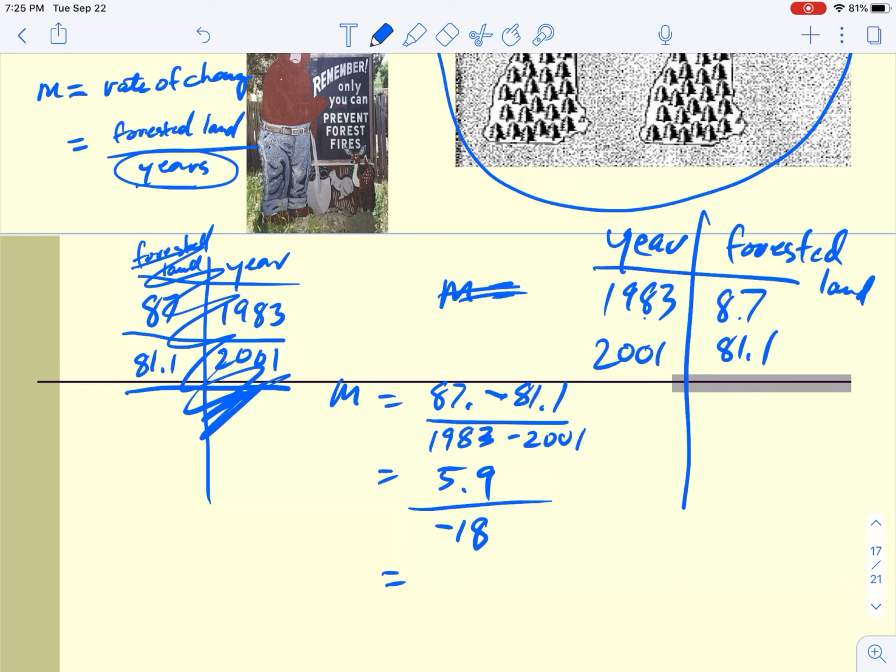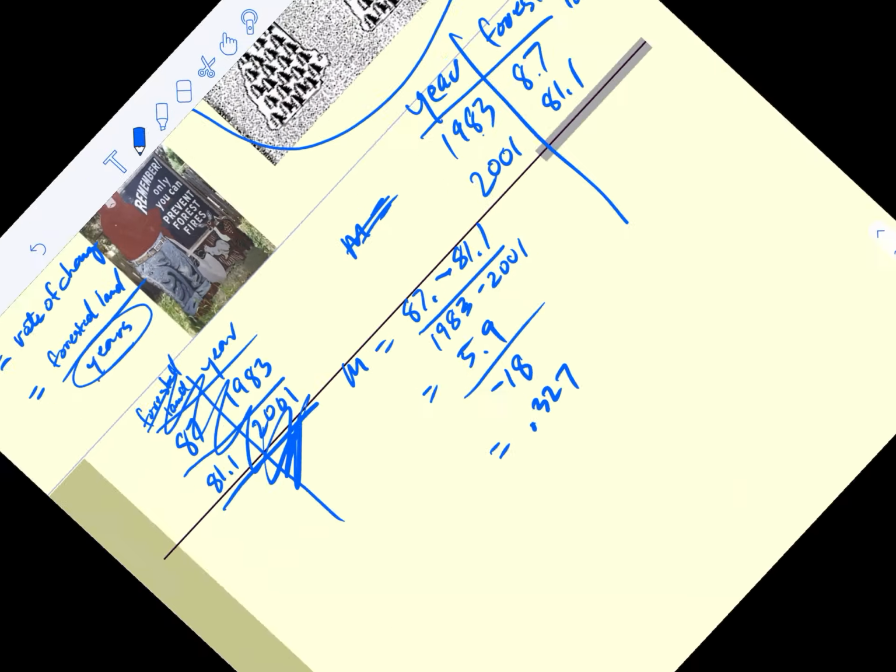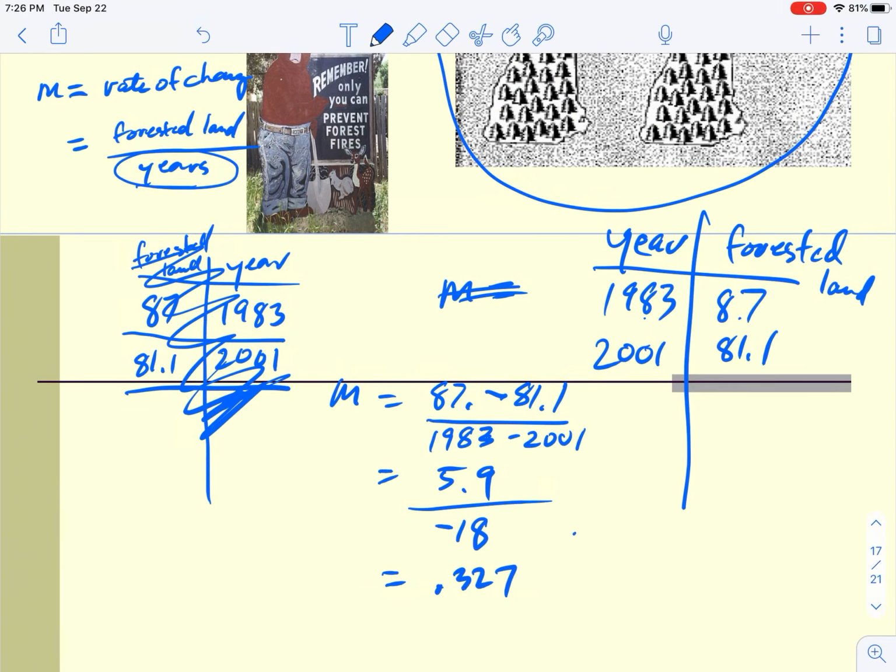And when I divide 5.9 by negative 18, I get negative 0.327. And what that really means is that's a decimal value of how much is lost each year from 1983 to 2001. That's the rate of change per year.